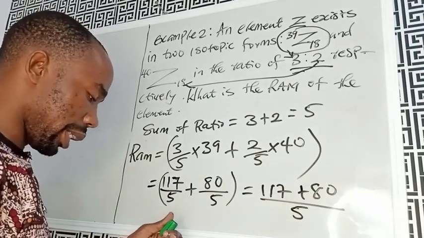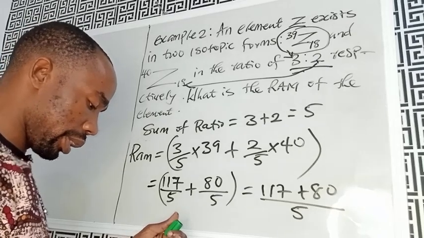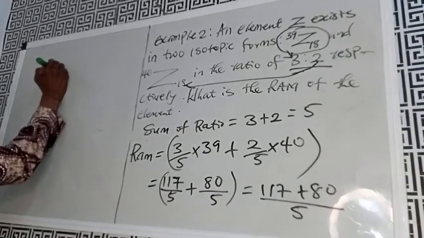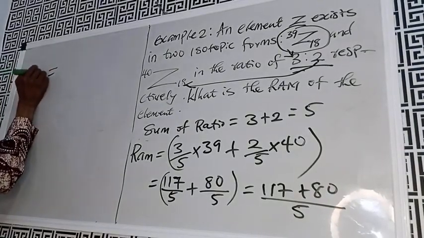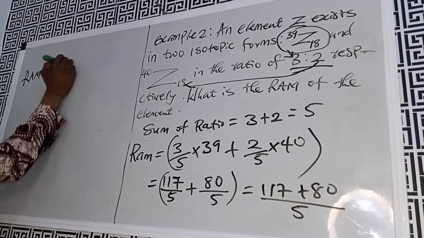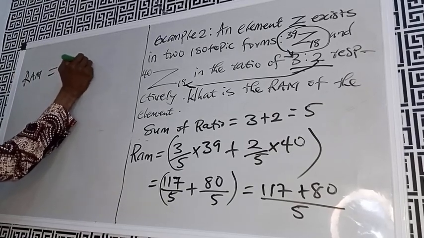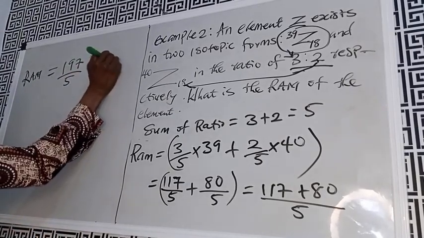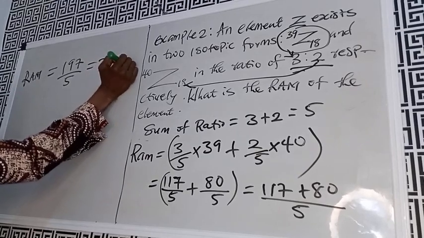Adding together, RAM is equal to 197 over 5, giving us 39.4.